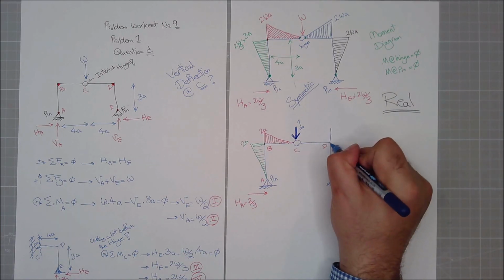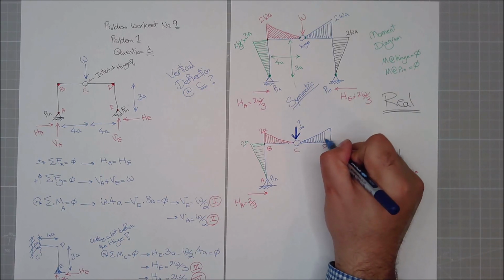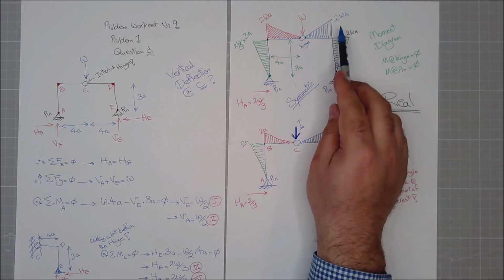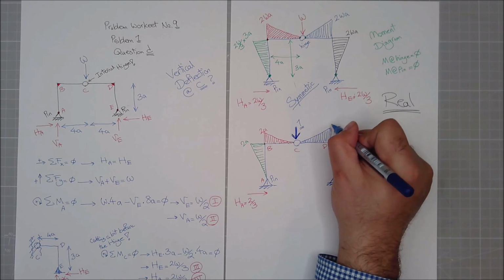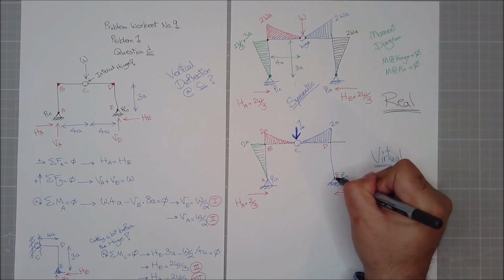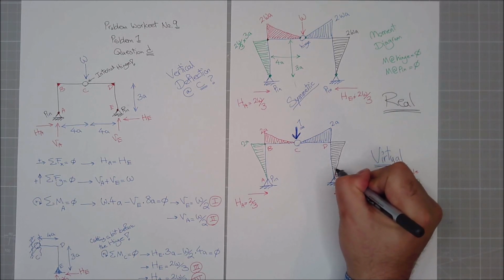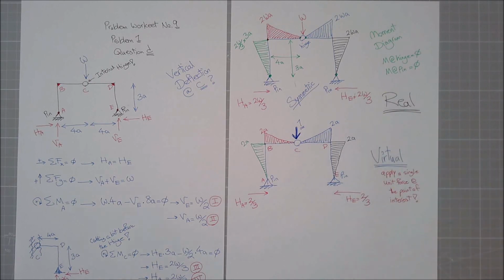Over here will be the same as well. 2WA, so W will be replaced by 1, so it will be 2A. And over here as well, the same thing, 2A.